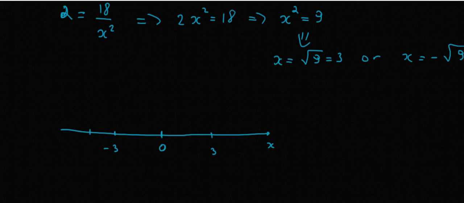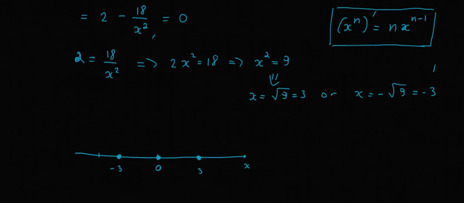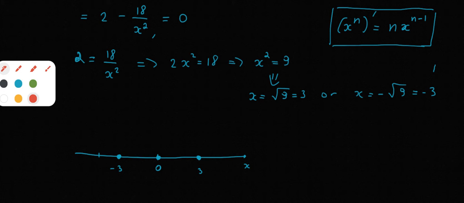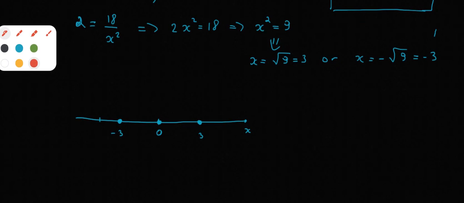So you can take, let me keep the critical points in blue and change the color for the test points. I'm going to mark the test points in red.